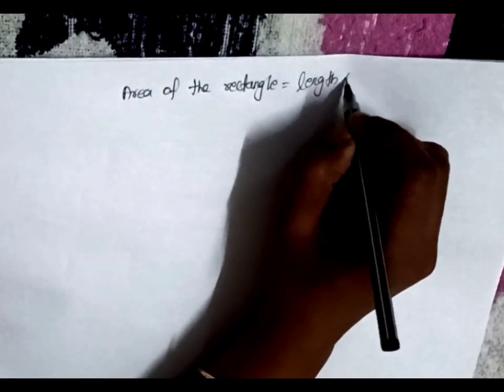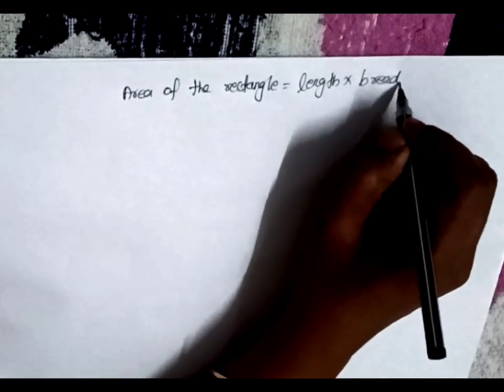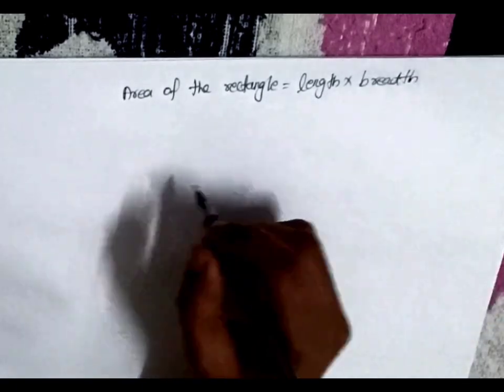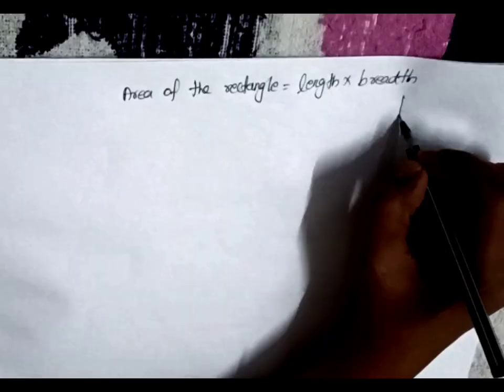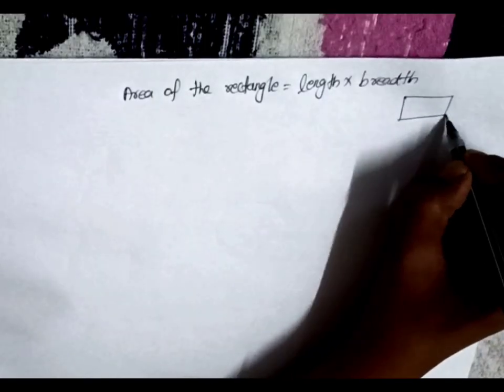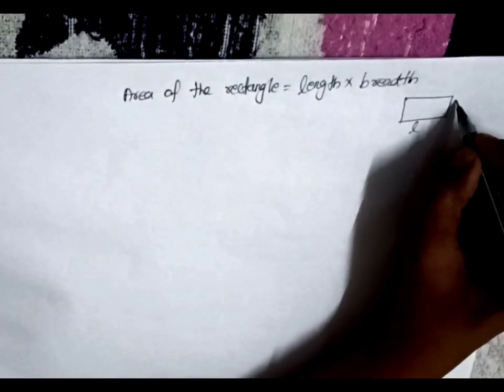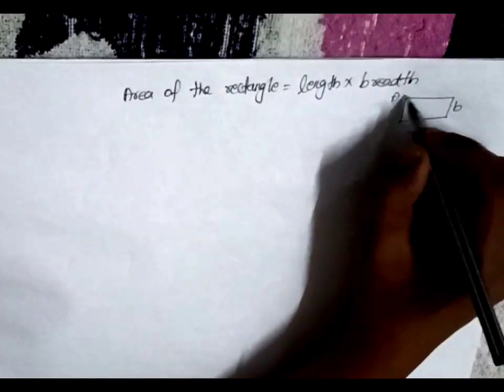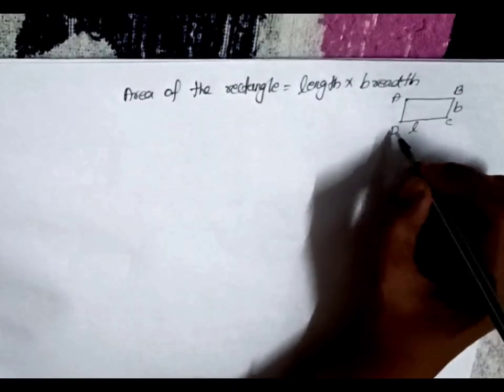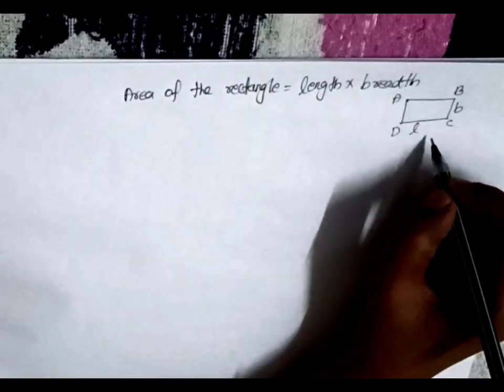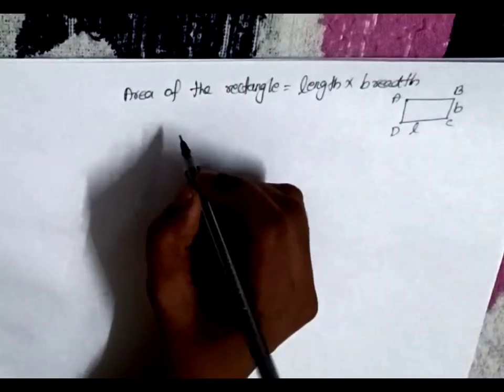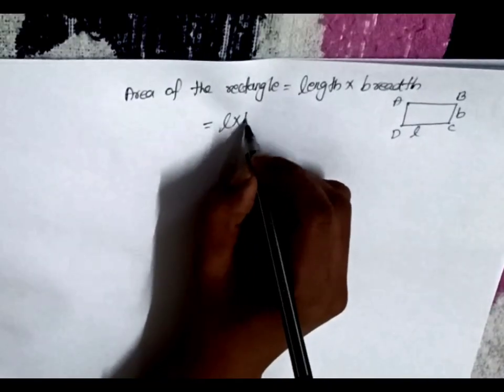In rectangle ABCD, length is L centimeter and breadth is B centimeter. Therefore, the area is equal to L into B.